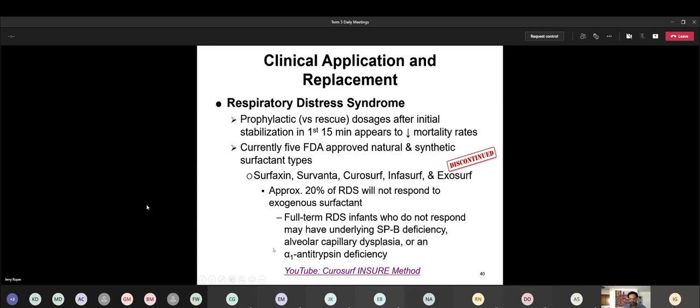Or it could be something going on with the alveolar-capillary membrane, and that could be one of the reasons why the surfactant is not being absorbed like it's supposed to. Or it could be something like an alpha-1 antitrypsin issue that is causing the surfactant not to work like it's supposed to.